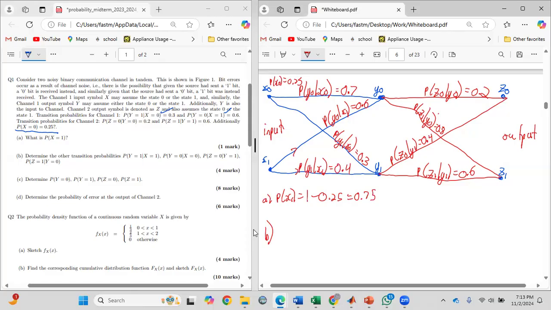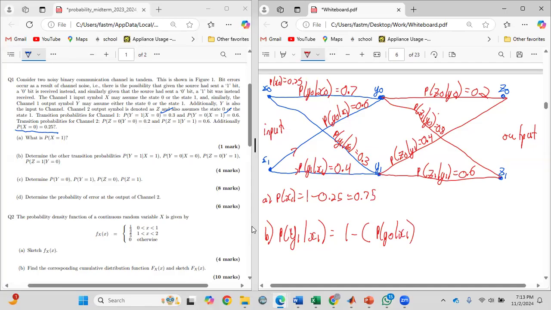B, determine the other transition probabilities. We already calculated those. If you had to do it in the exam to get marks, you could write it like this: the probability of y1 given x1 is 1 minus the probability of y0 given x1. I already did it up here, we just did it before the asked question.